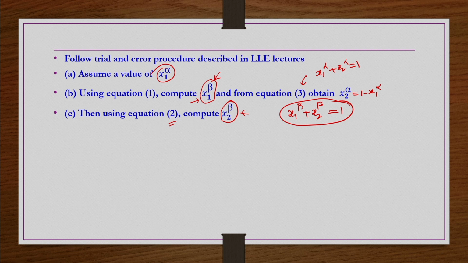If that is not coming to 1, then we have to repeat these steps. Check if equation 4 is satisfied or not. Equation 4 is nothing but this one, x1 beta plus x2 beta is equal to 1.